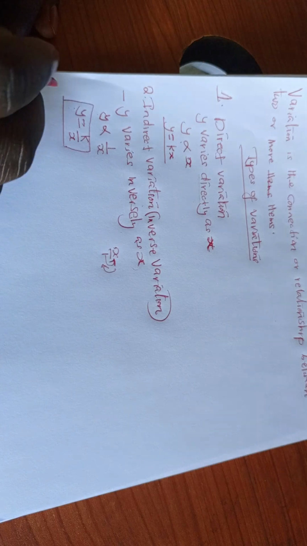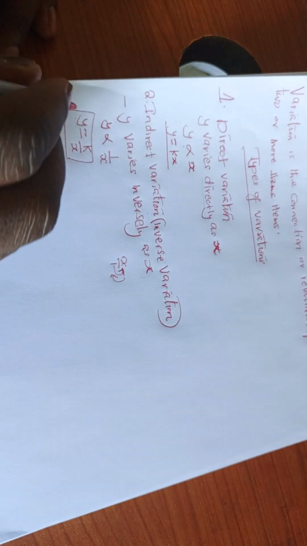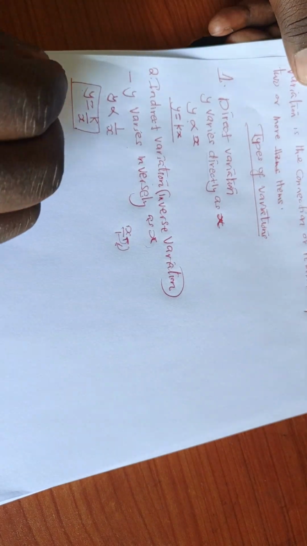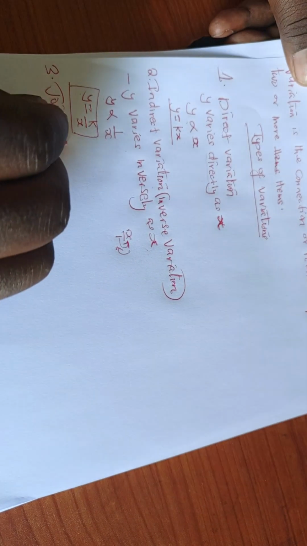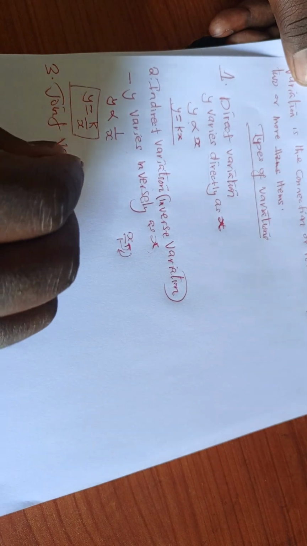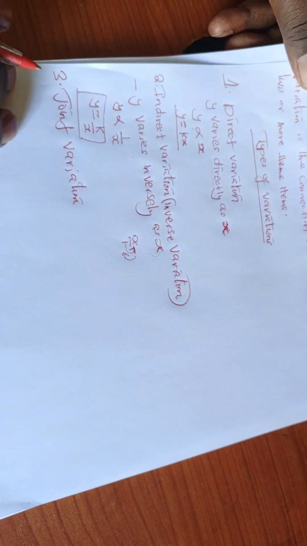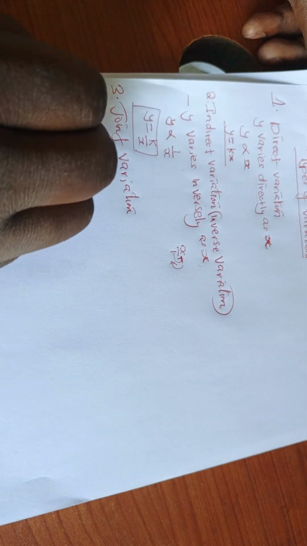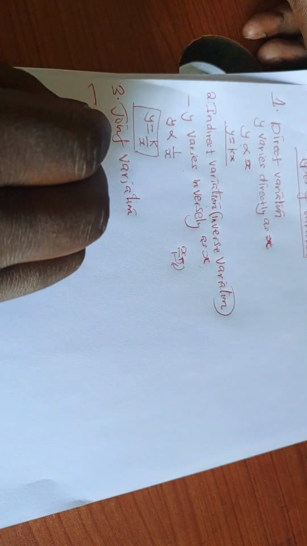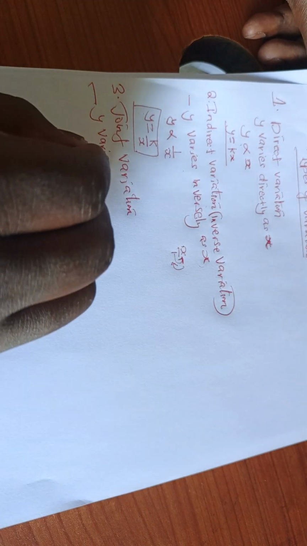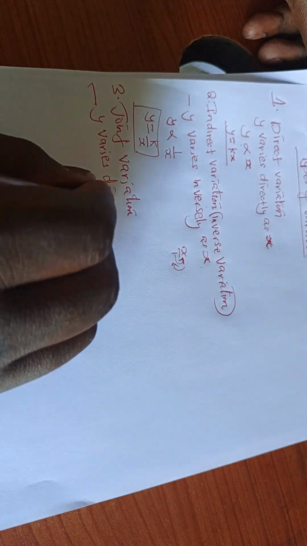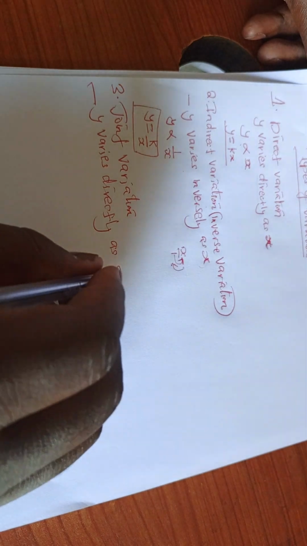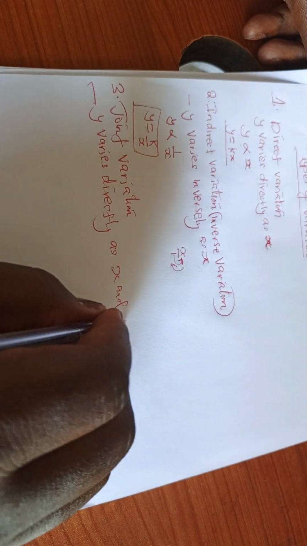Good. Then part 3, we call it a joint variation. Again, for example, y varies directly as x and m.